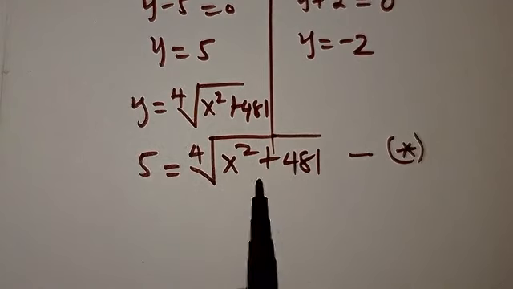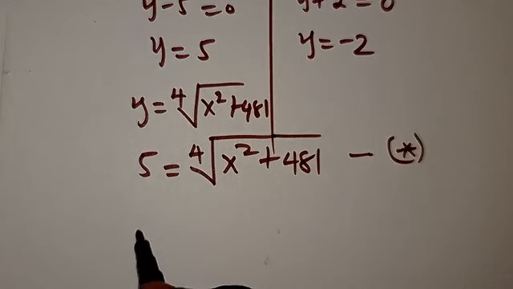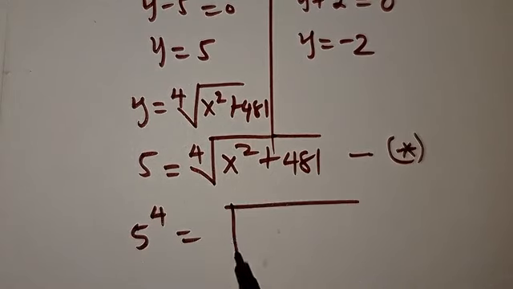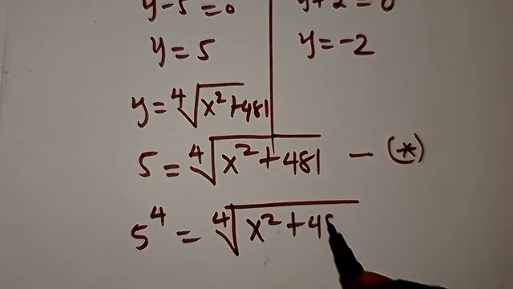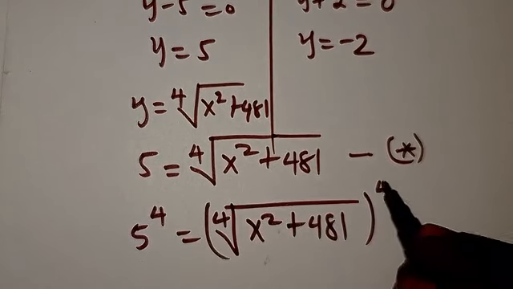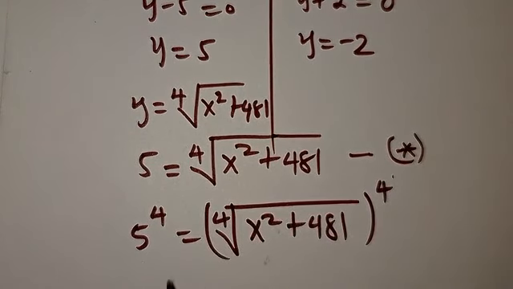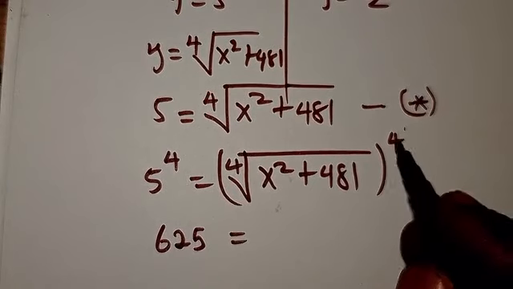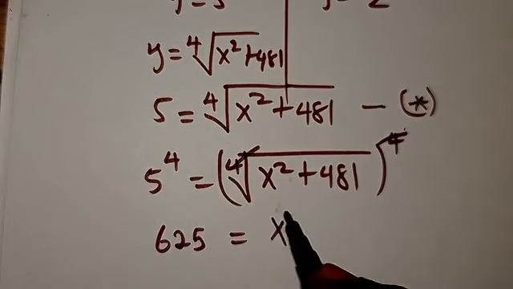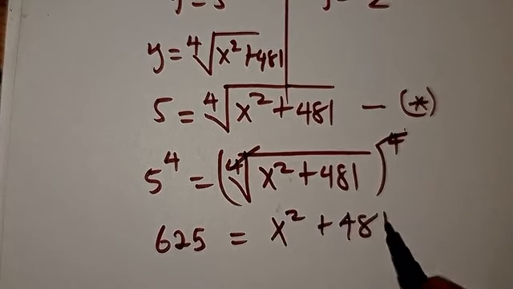We are going to get rid of this root, so we take the fourth power of both sides, so that this power will cancel this root here. So 5 raised to power 4 will give us 625, which equals x squared plus 481.